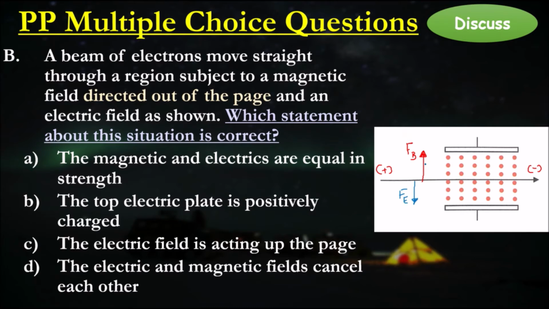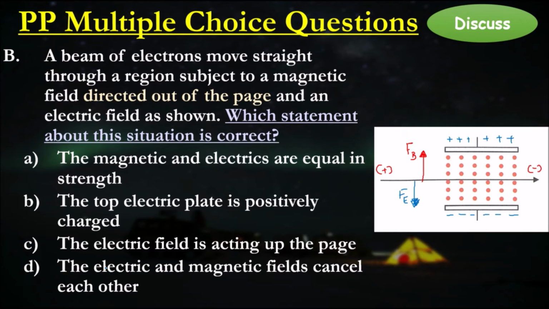Notice how I drew the lines relatively similar in length to represent that they have similar magnitudes. So if it's going from top to bottom, that means this is our positive plate up here, and this is our negative plate down here.